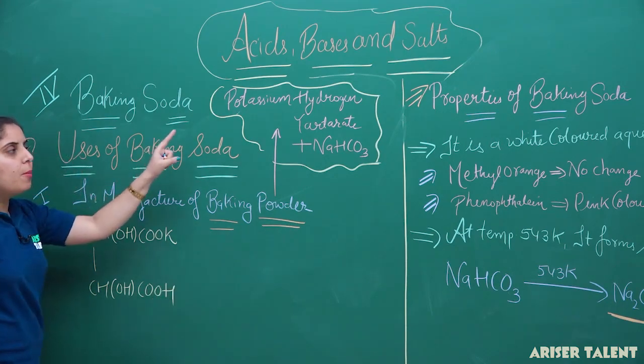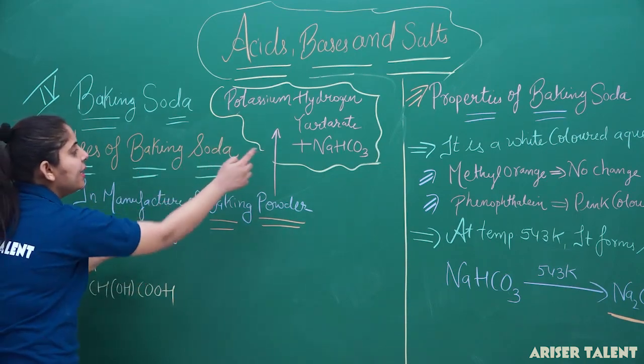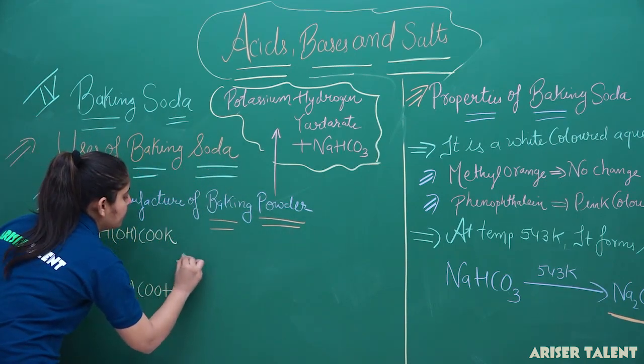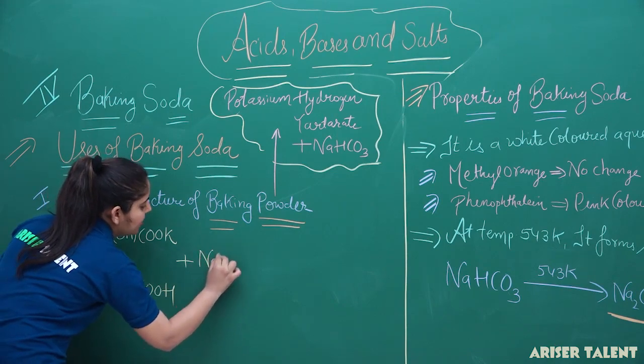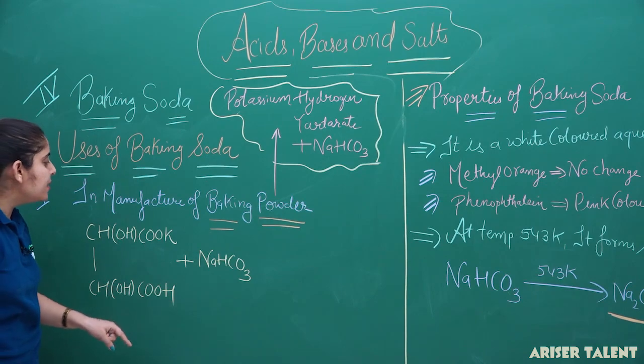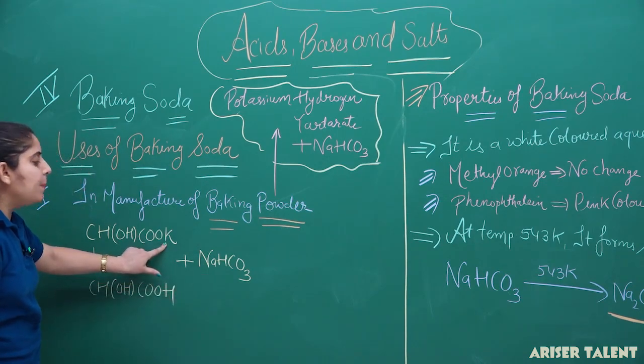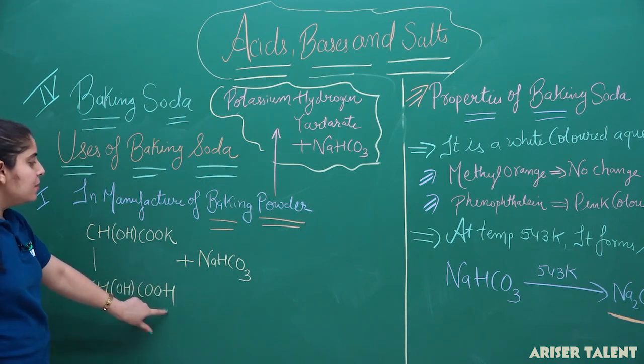This will be the basic formula for potassium hydrogen tartrate. Now we are reacting it with the sodium bicarbonate, NaHCO3. Now what happens in this case? The COOH will take the place of the Na, and it will remain the same.